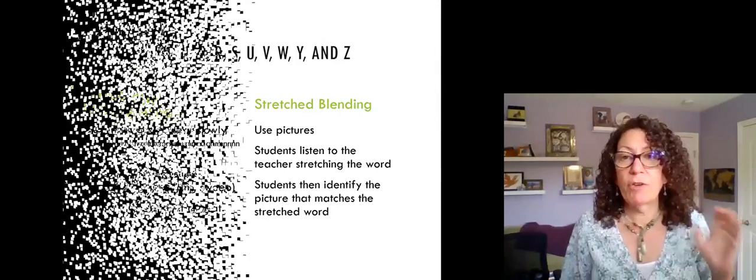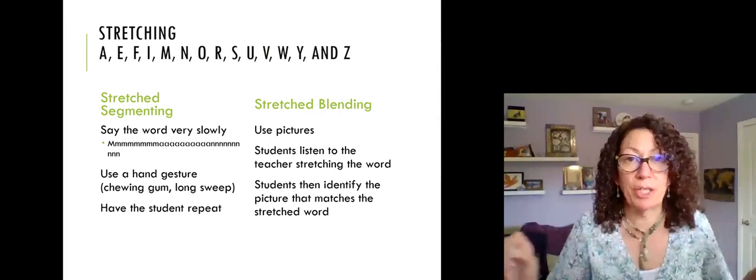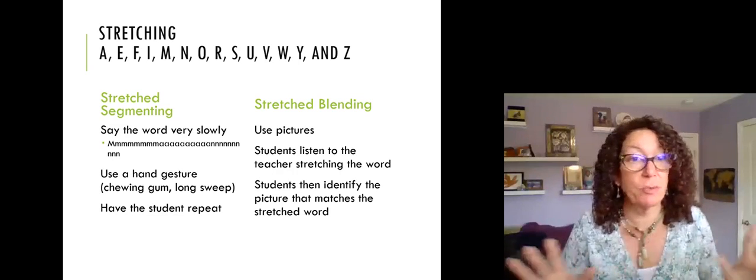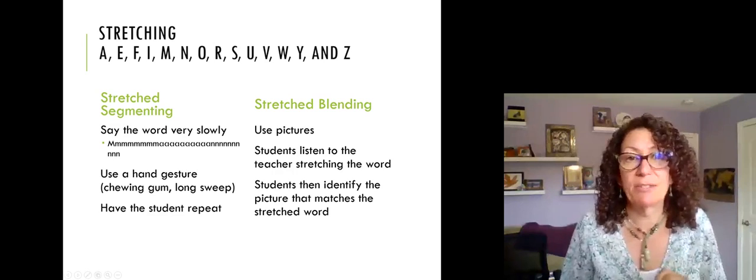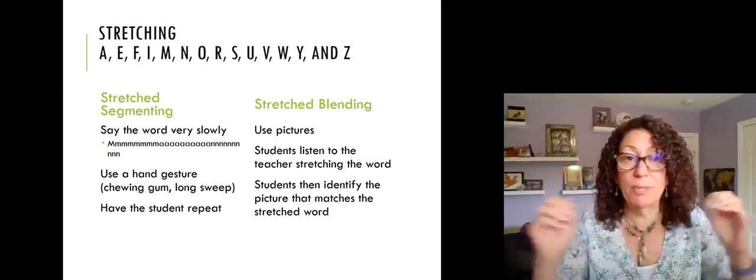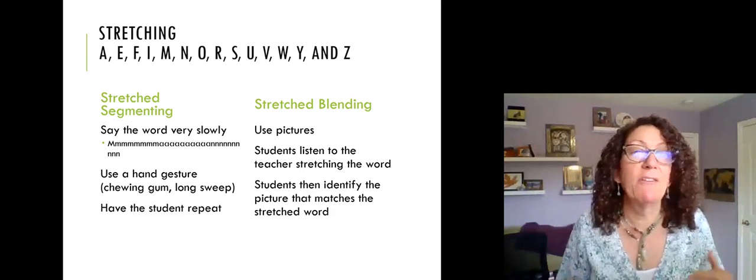So next, kind of going onward, we want to talk a little bit about stretching. One of the things that teachers can do is just stretch the words out. And it's good when you use sounds, like the sounds listed here on this slide, that are open sounds, like ah.